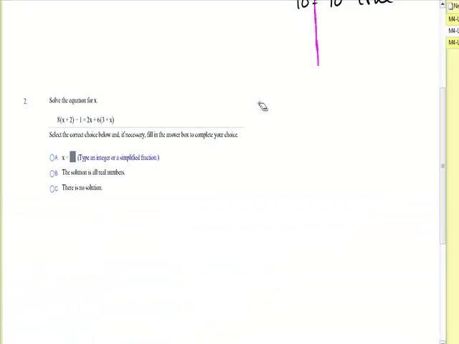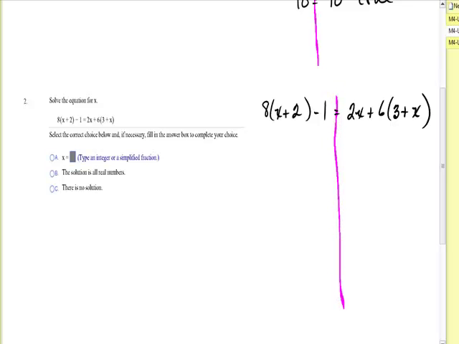I have 8 parentheses, x plus 2, minus a 1 is equal to 2x plus 6 parentheses, 3 plus x. All right, I have distributive property. 8x plus 16 minus 1. Let's finish simplifying the left-hand side. Keep the 8x. 16 minus 1 is a positive 15.